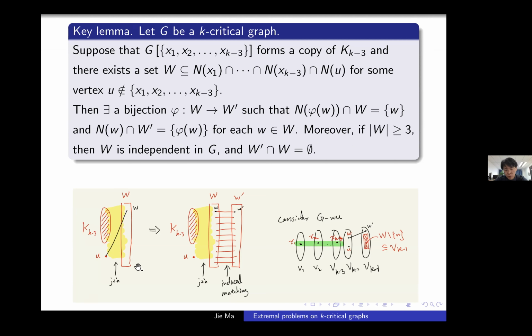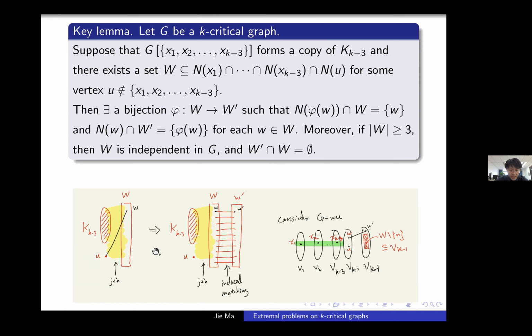So let's just look at the picture. Assume we have a (k minus 3)-clique, call it x1, x2 to x_{k minus 3}. And then we have another vertex u. And then we have a set W. W is a set of common neighbors of those k minus 2 vertices.